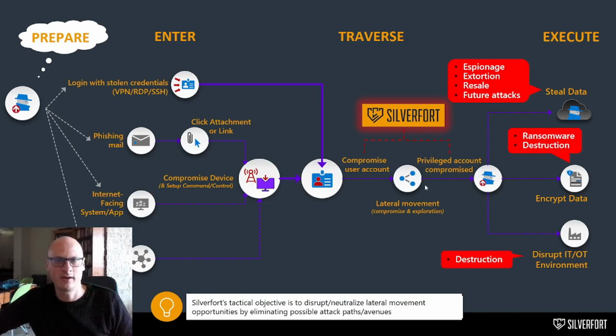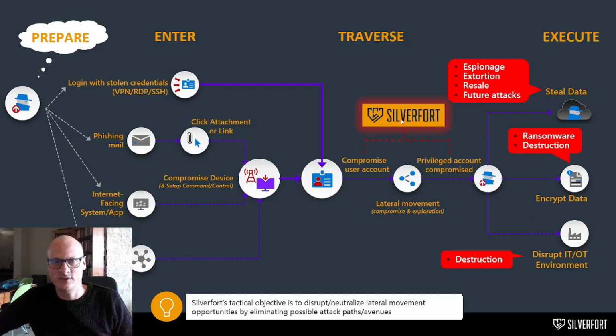I want to see if I can privilege escalate through the lateral movement paths until I get to domain admin and domain dominance. And once I've done that, I can deploy my ransomware, exfiltrate data and do a double extortion, and I'll disrupt the environment and cause a lot of damage for the company.